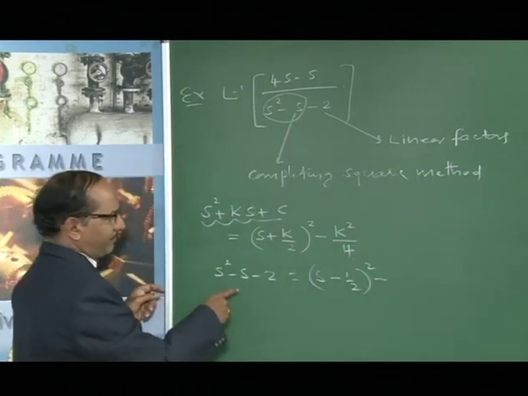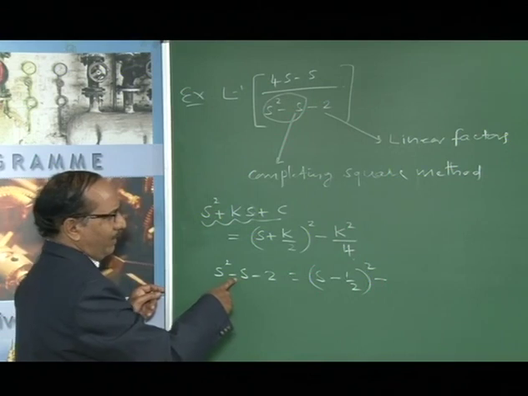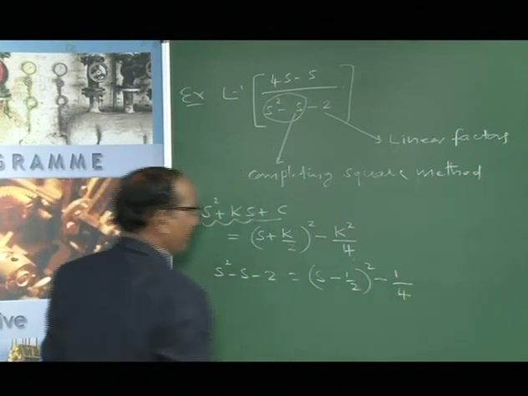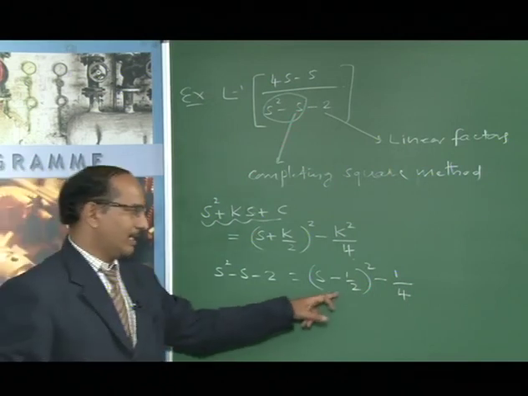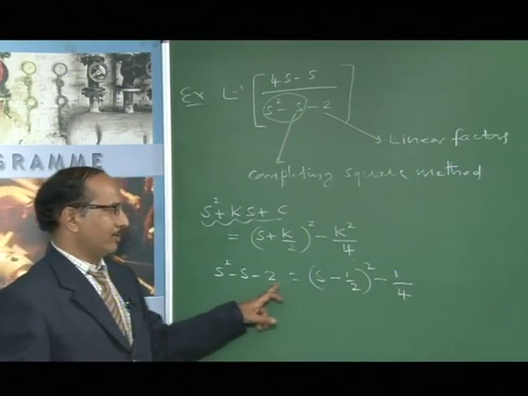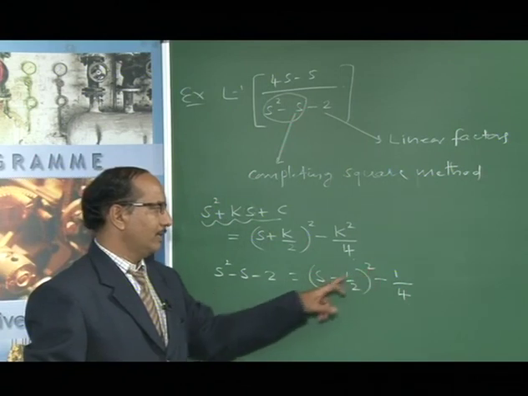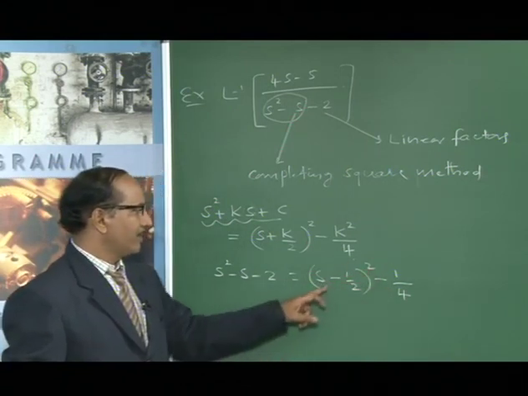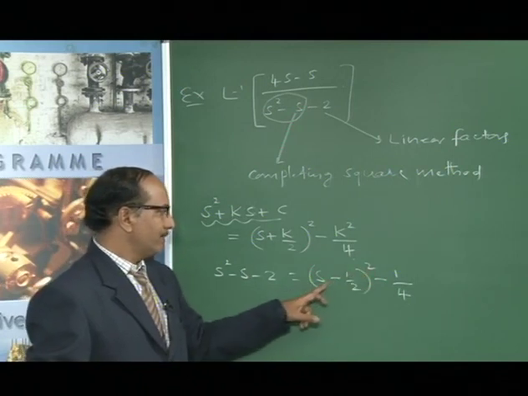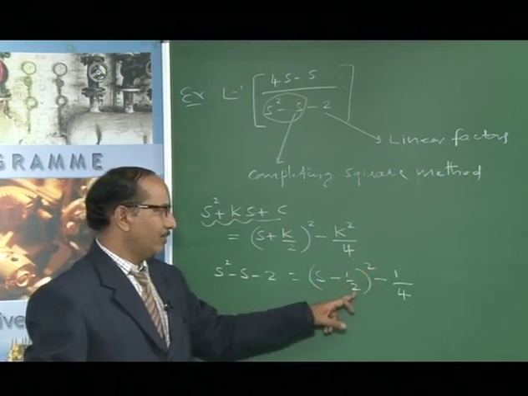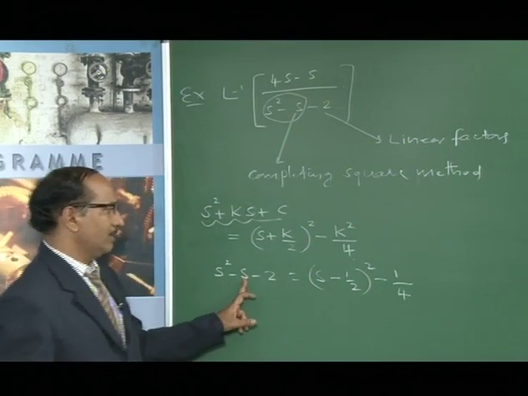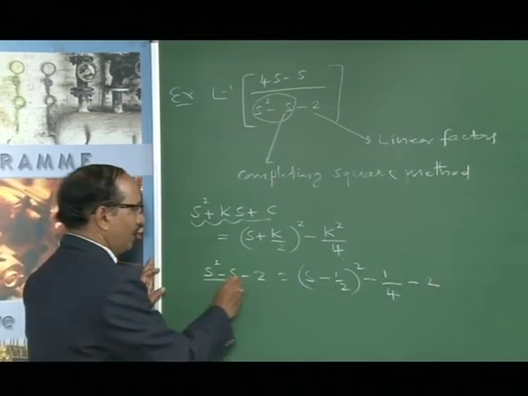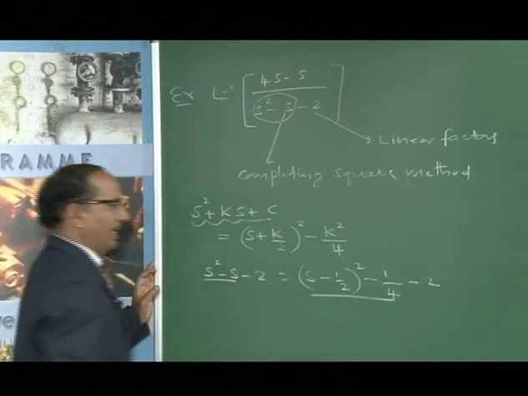K is minus 1 here, so k square means 1 divided by 4. If we simplify this, we should get exactly s square minus s minus 2 again. Squaring this, s square plus 1 by 4, minus 1 by 4 cancels. Then minus 2 times s into 1 by 2 is minus s. The minus 2 remains as it is. For these two terms, this is added here.